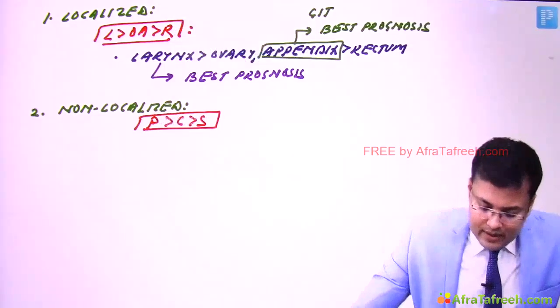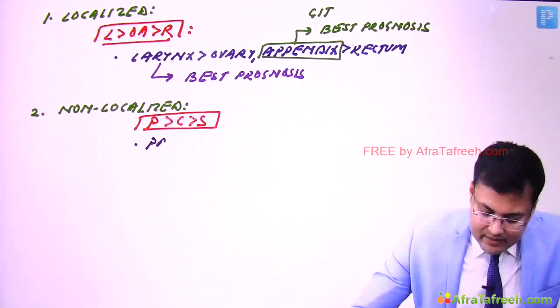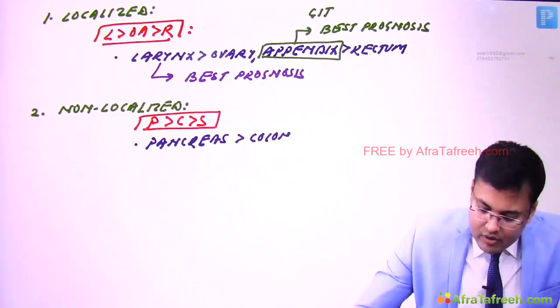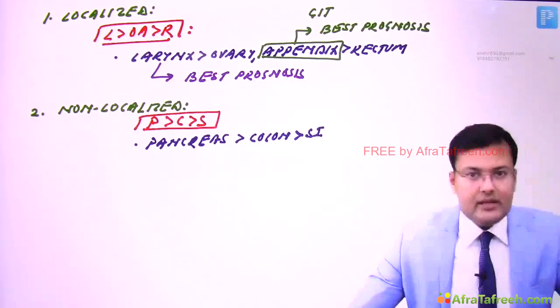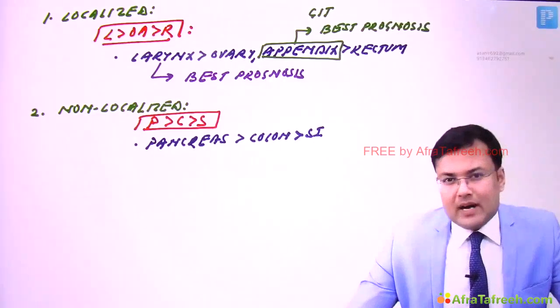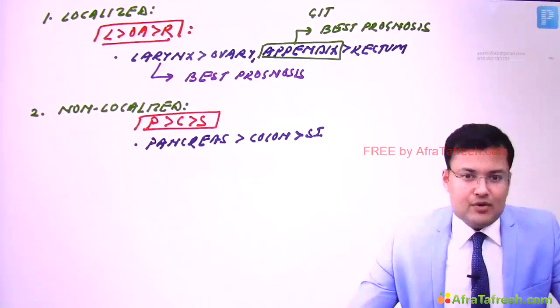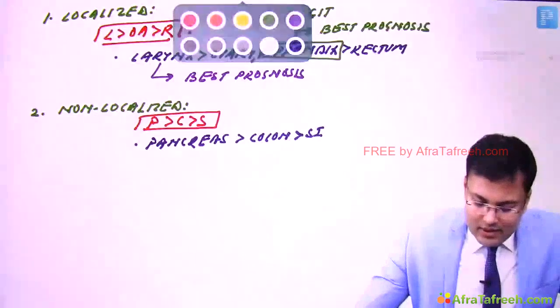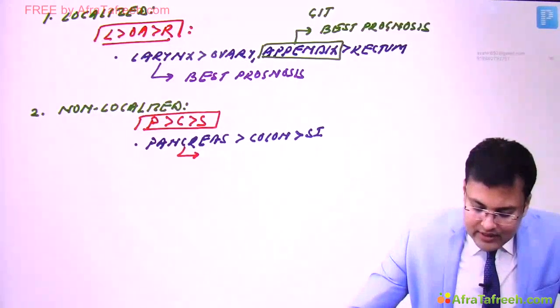So here P is pancreatic or pancreas, C means colonic or colon, and S means small intestinal. So another important question: which carcinoid tumors have the worst prognosis? It's the pancreatic carcinoid, right? So pancreatic carcinoids have the worst prognosis.